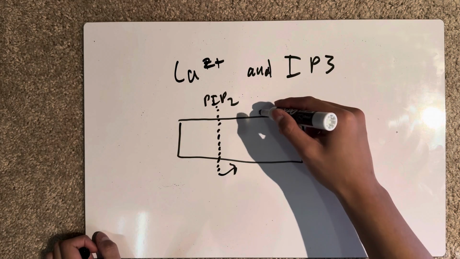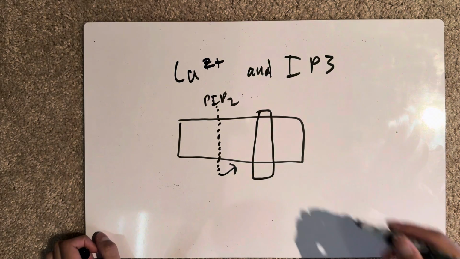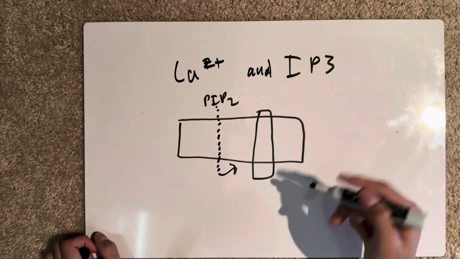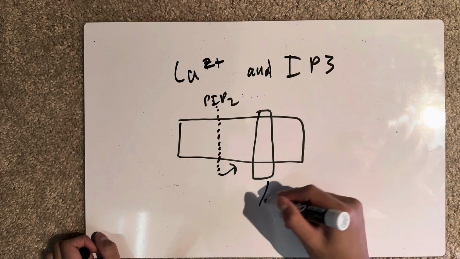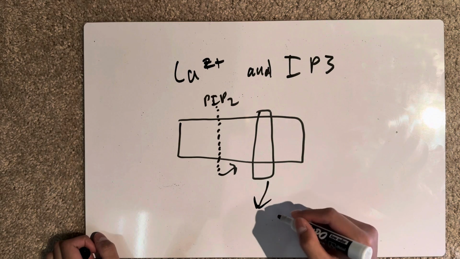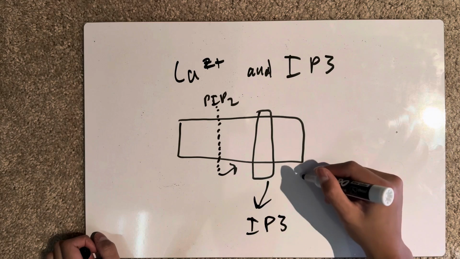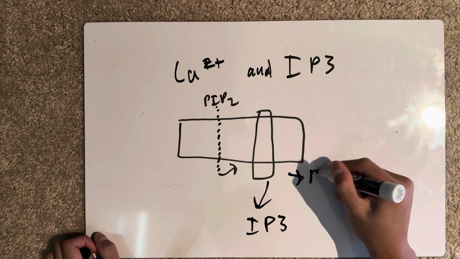phospholipase C. We'll just say this is it. And this basically just cuts this PIP2 in half, and it turns into IP3 and DAG.